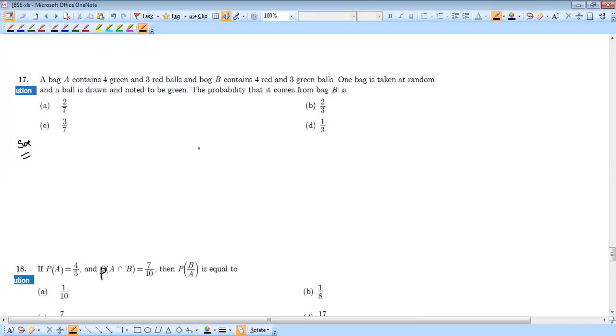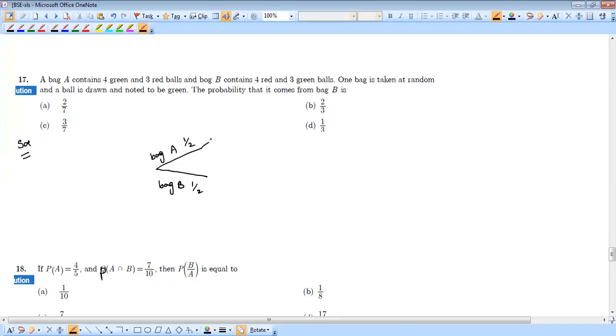Whenever we are doing the problem, first you start with the flow chart, that is nothing but a tree diagram. First comes the selection of the bags. So this is bag A, second one, bag B. So there are 2 bags, and each selection will be 1 by 2, equally likely outcomes.